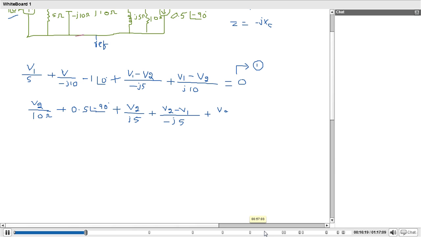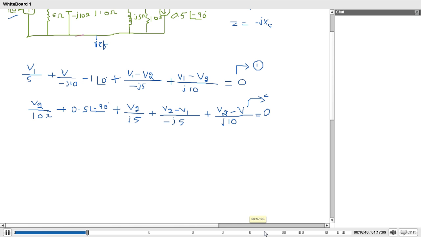Since the current is leaving from node 2, V2 is higher potential. So V2 minus V1 by J10 is equal to 0.